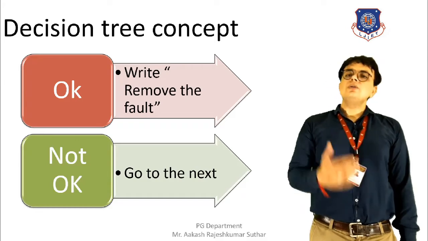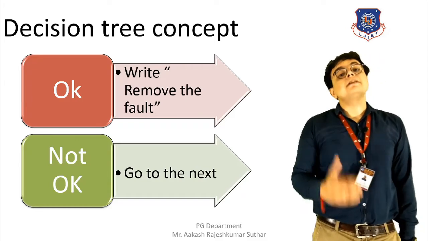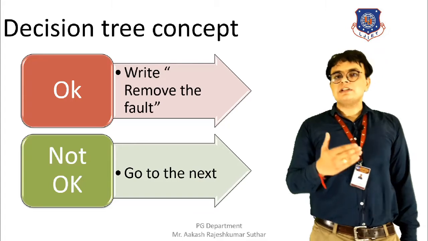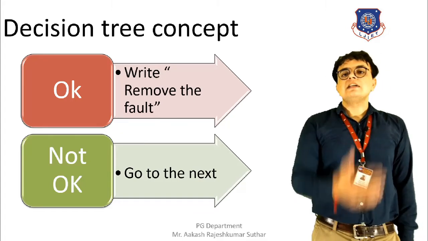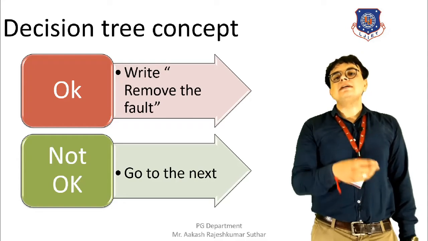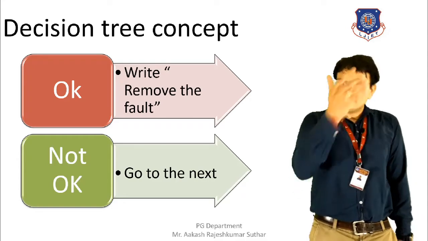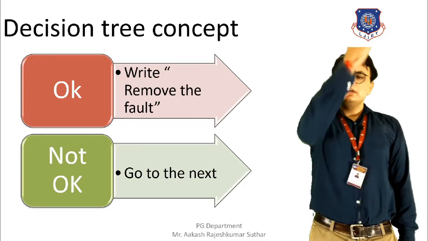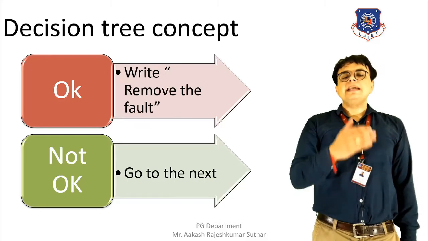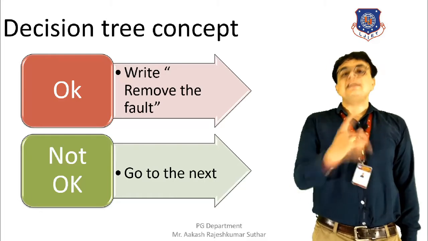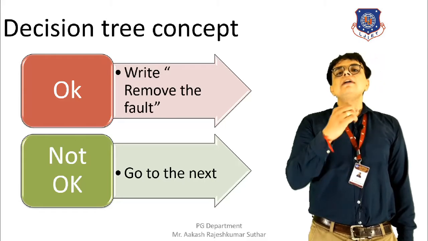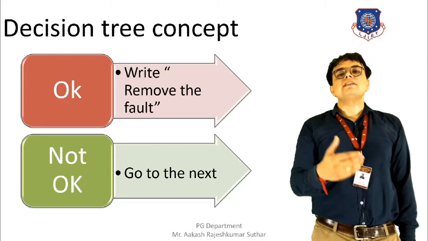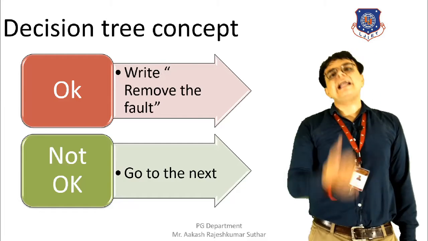So this is how a decision tree diagram is prepared. All the faults are taken into consideration and arranged in a proper sequence, either ascending or descending order. The reasons which take less time should be first, and those that require more time for rectification should be last.